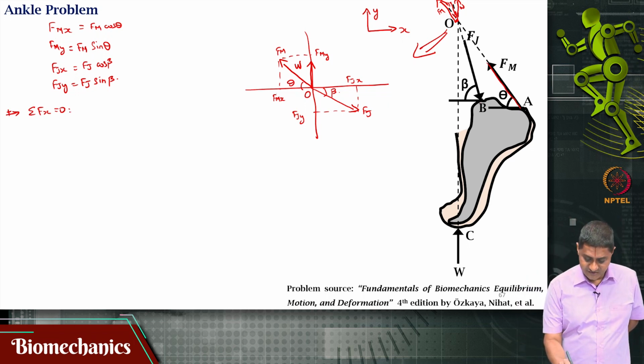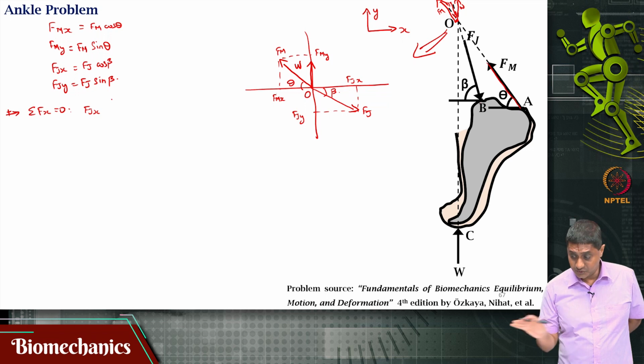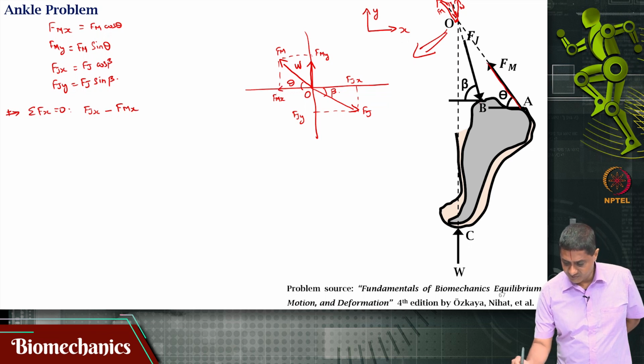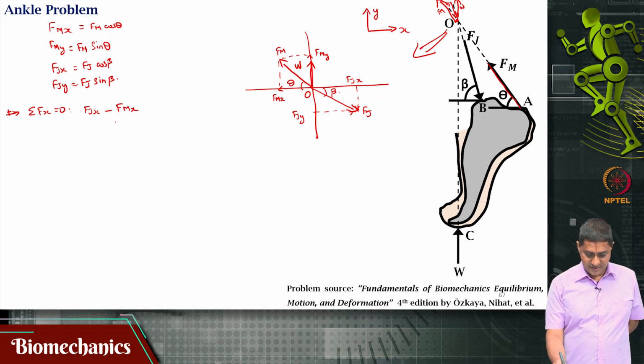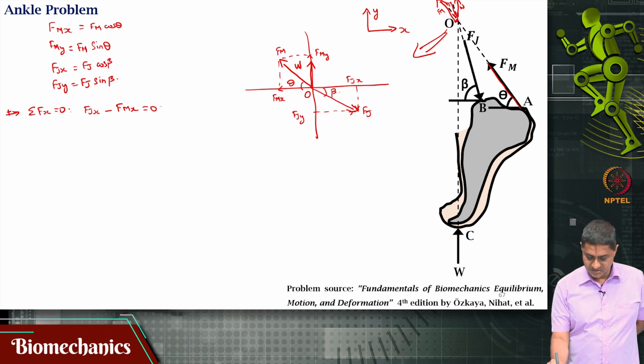Now, if you say sigma Fx equal to 0, what do we get? Fjx is going toward the right and Fmx is going towards the left, minus Fmx, because this is Fmx and this is Fmy and this is Fjy, and this is Fjx. Okay, Fjx minus Fmx is 0 or Fjx is Fmx.